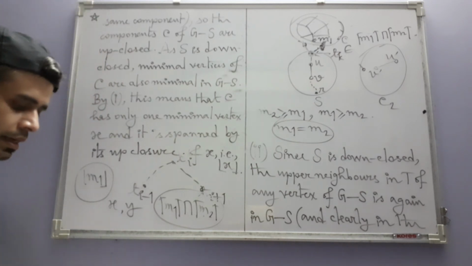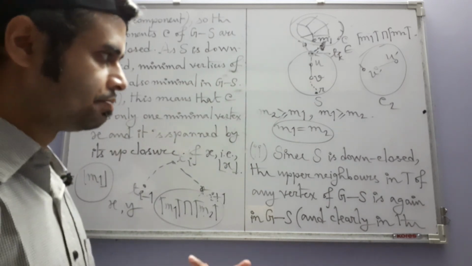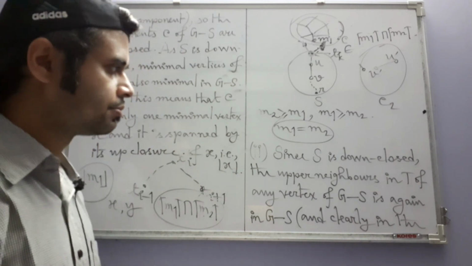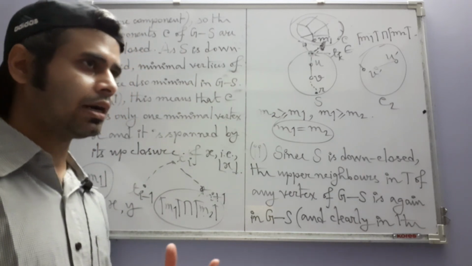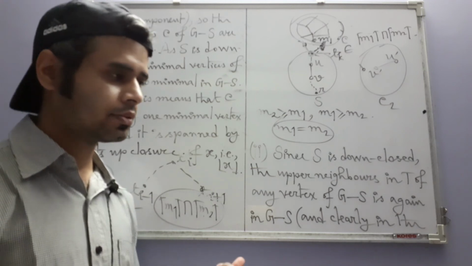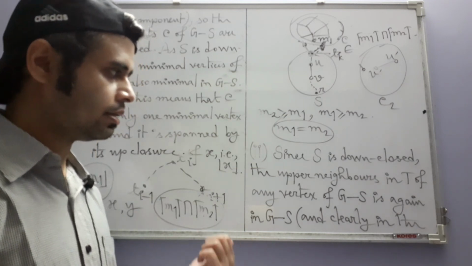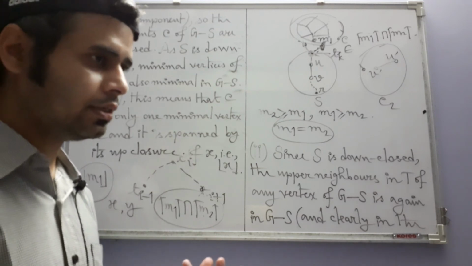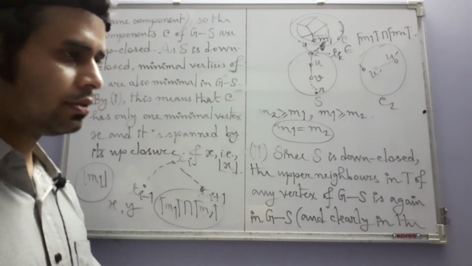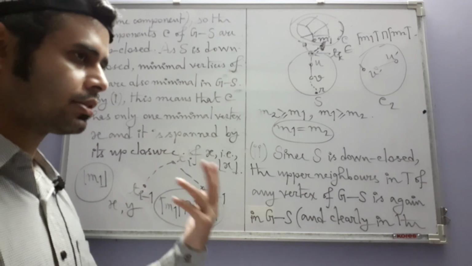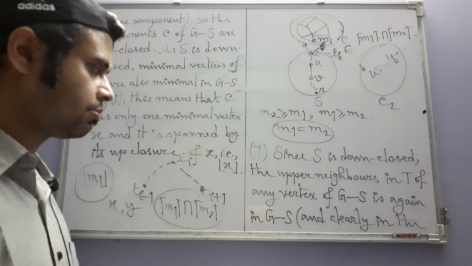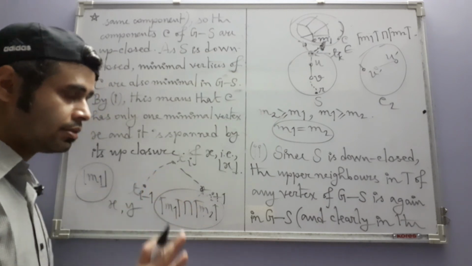So these are two facts about a normal tree in a graph: that any two vertices in the tree are separated by the intersection of their down closures, and if the tree is a spanning tree in the graph, then its removal results in some components. Sorry, what am I saying? Not the removal of the tree.